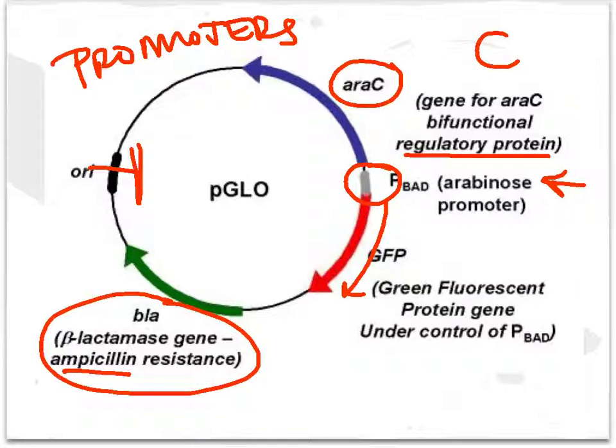Thus, when a bacterial cell incorporates this plasmid, it has several important characteristics. Number one, it is resistant to ampicillin.